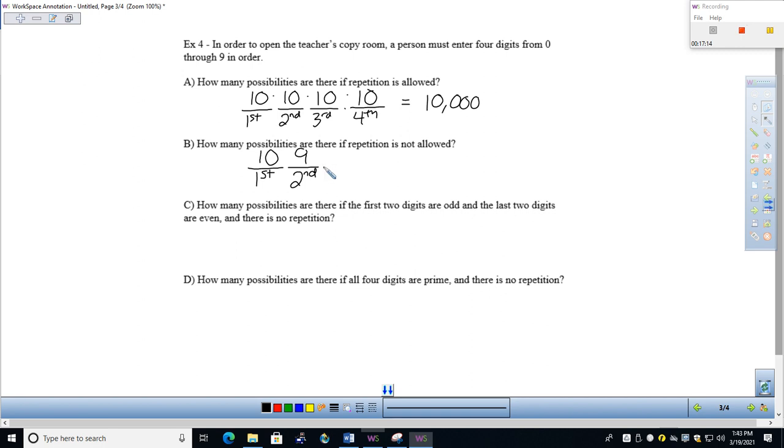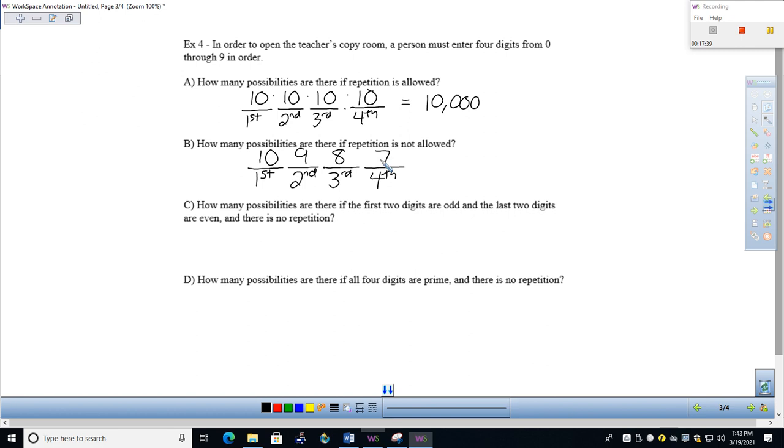I hope that part makes sense, because this one's already in. Whatever digit that is, it's not available for the second digit. All right, now 2 digits are in. So now I'm going to punch in the third, and how many possibilities are left after I've punched in the first 2, knowing that this one can't be either of those first 2? Well, there are only 8 possibilities left. And I'm hoping that you start to see the pattern here. So for the fourth digit, well, it can't be any of the first 3, so there have to be 7 digits left.